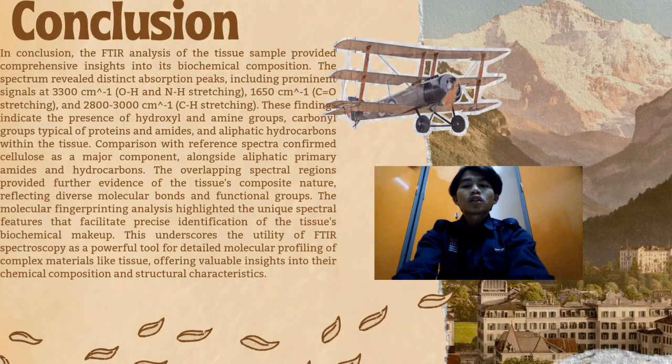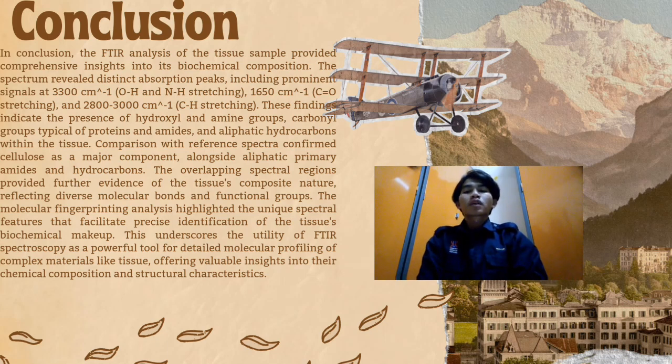Now, the FTIR analysis of the tissue sample provides comprehensive insight into its biochemical composition. The spectrum reveals distinct absorption peaks, including prominent signals at 3,300 cm^-1, O-H and N-H stretching, 1,650 cm^-1, C=O stretching, and 2,800 to 3,000 cm^-1, C-H stretching.